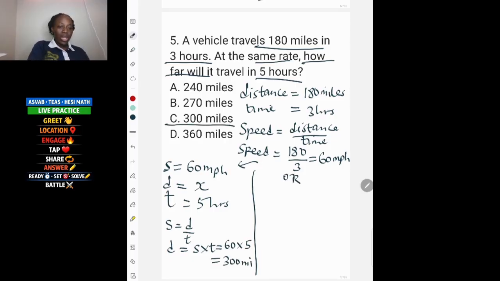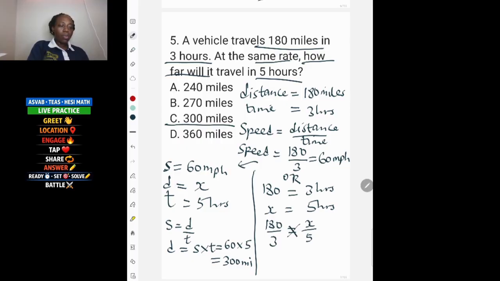Another way to do it, it depends on you. They said 1 area is for 3 hours. Then 5 hours is for x, because we don't know that, right? So we say 1 area over 3 equals x over 5.